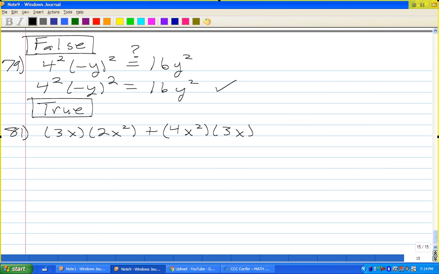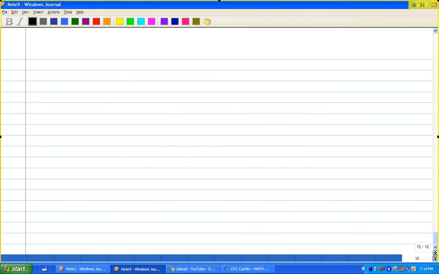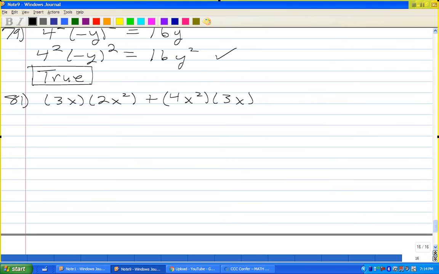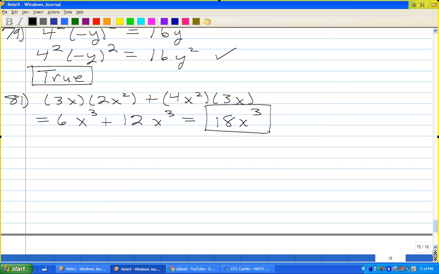Okay, so let's look at this. 3 times 2 is 6. X times x squared is x cubed. 4 times 3 is 12. X squared times x is x cubed. 6x cubed plus 12x cubed is 18x cubed. And that is your answer.